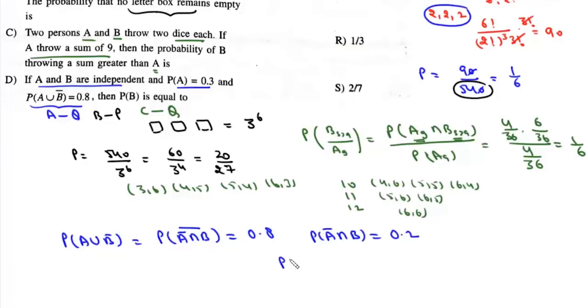Now this is probability of A naught into probability of B, and this is 0.2. Now probability of A naught is 0.7. So probability of B will be simply 2 by 7. That means this D matches with S. And that is the answer to this question.